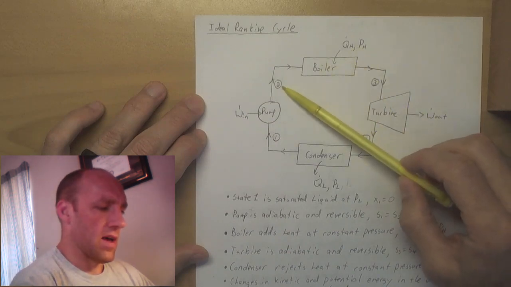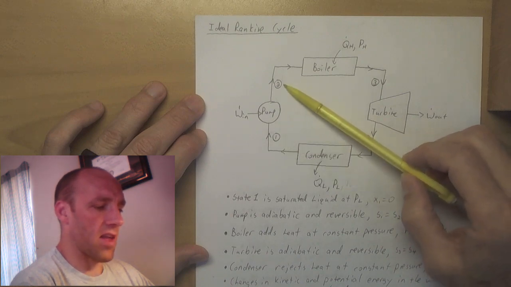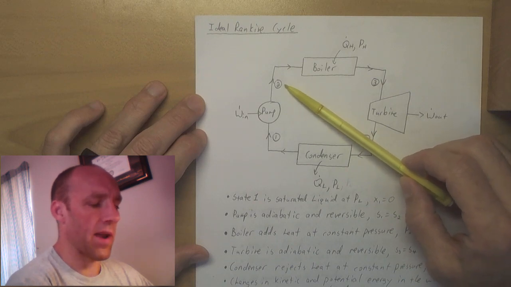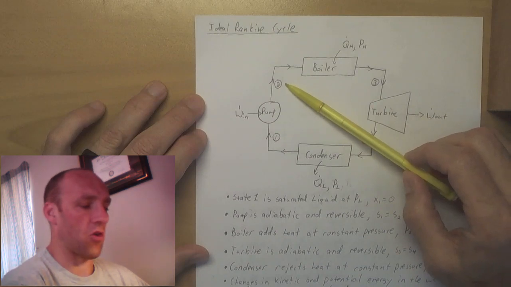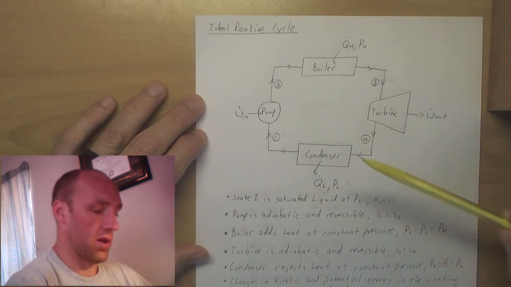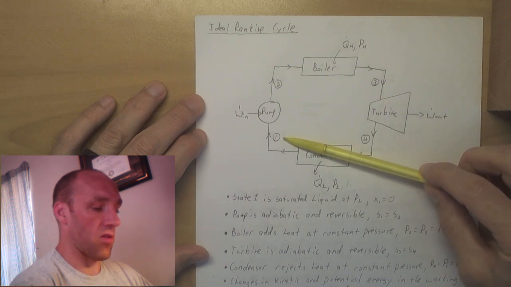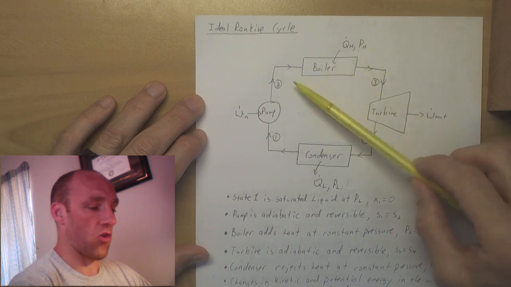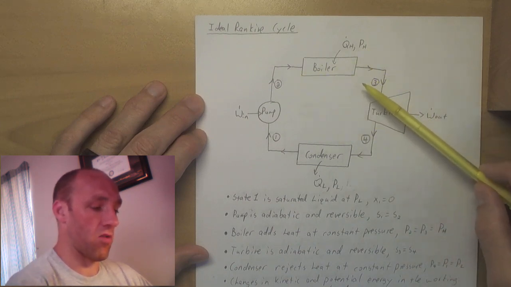State two, depending on how the problem's worded, may or may not be completely fixed, but you'll have enough information to determine state two completely, with the understanding that the entropy is the same as it was at state one, and the pressure is constant as it passes through the boiler.